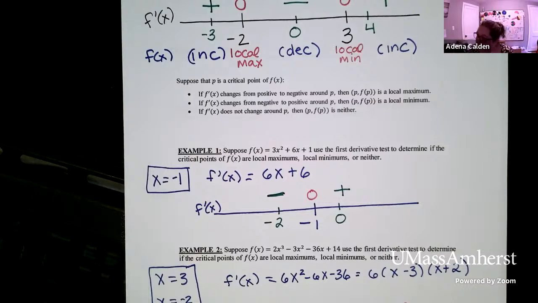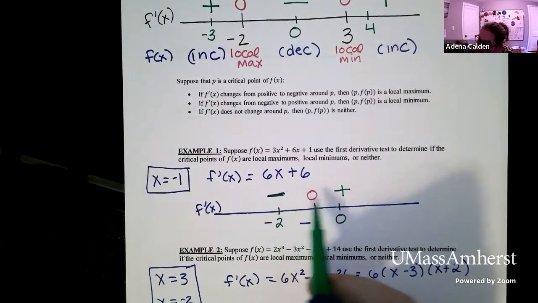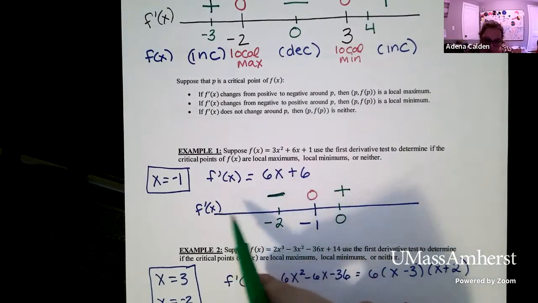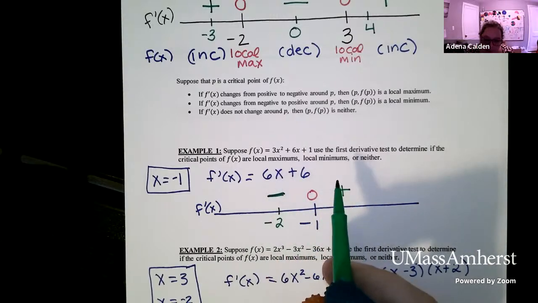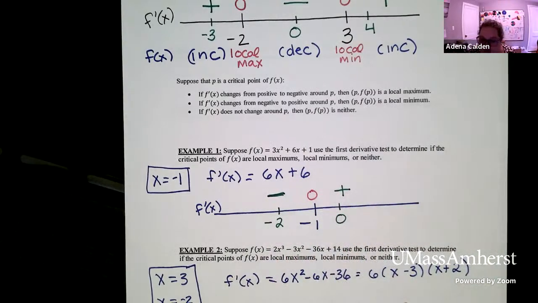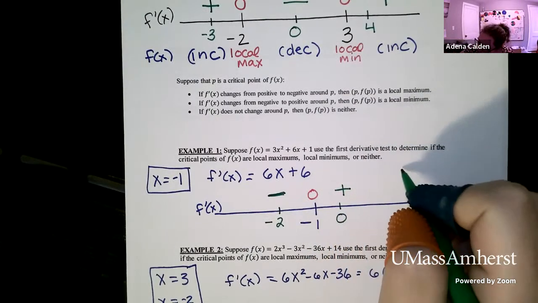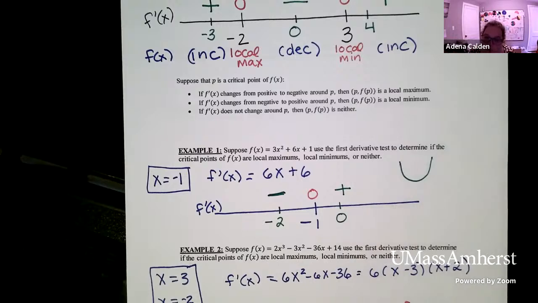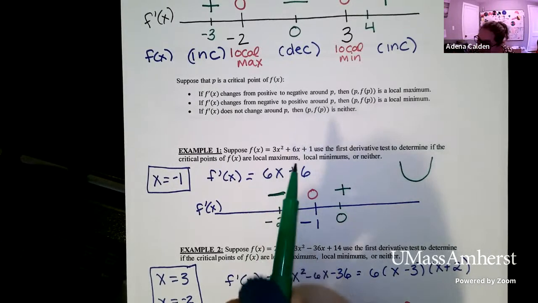So if our derivative changes from negative to positive, that means f of x went from decreasing to increasing. And if the function goes from decreasing to increasing, we know that creates a local minimum. That's the same thing that we have up here.